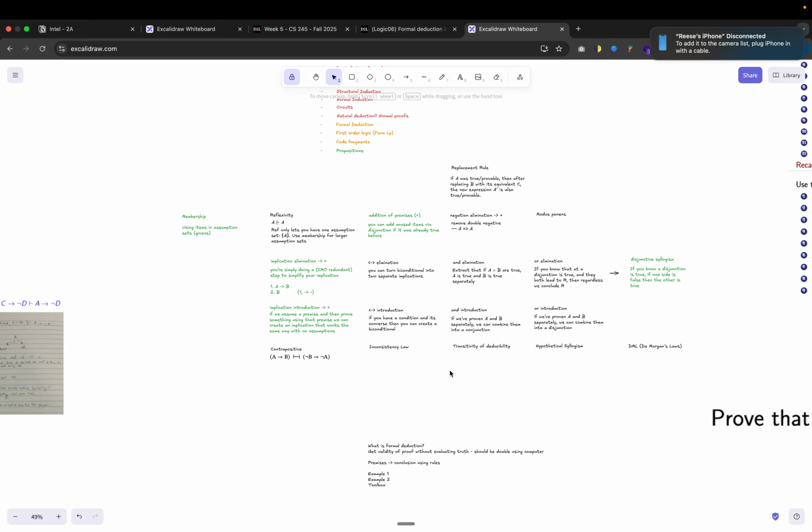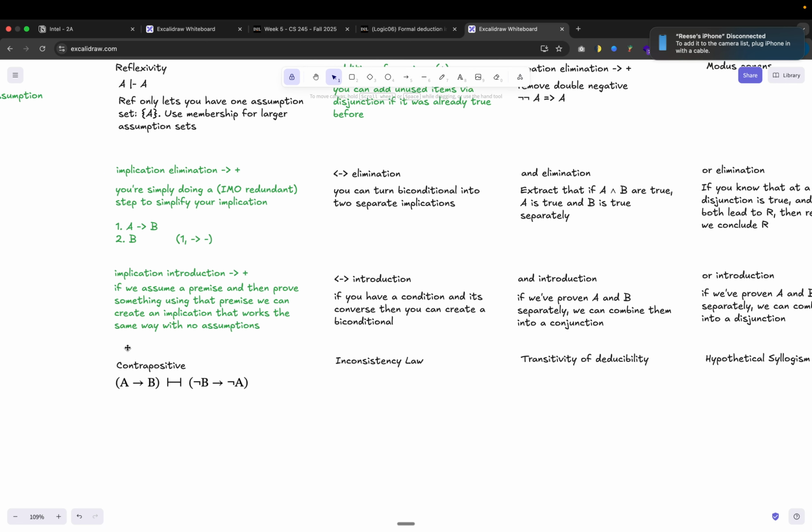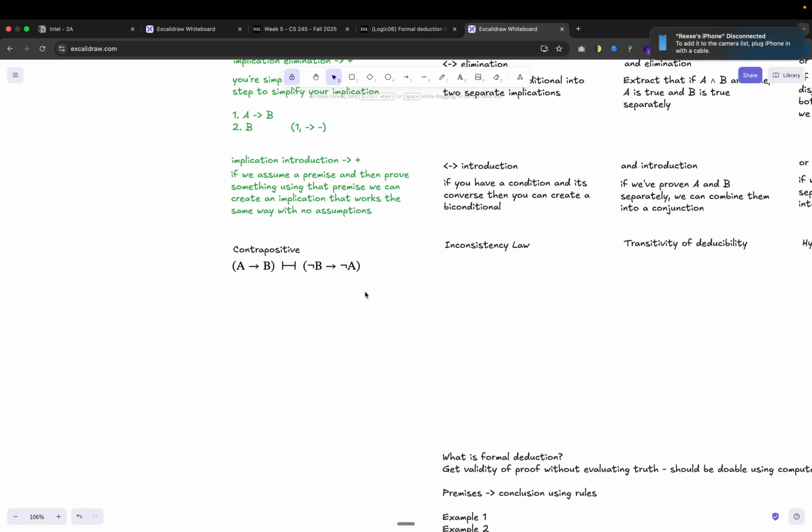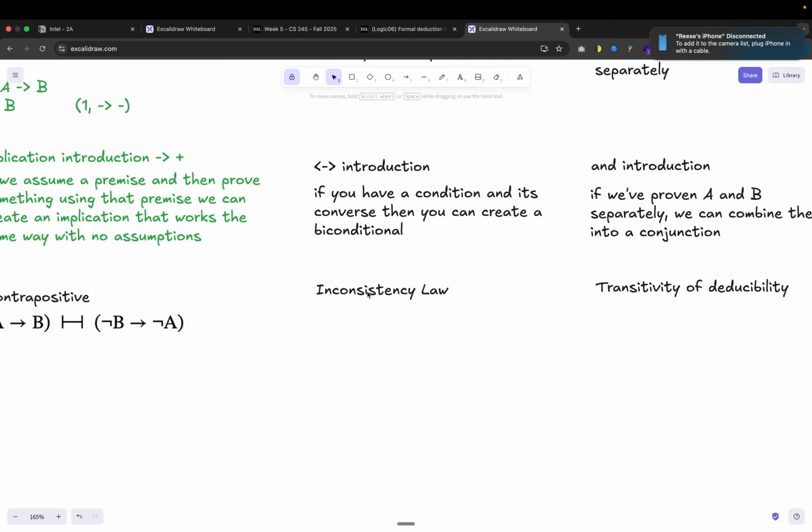And so I think that's most of them. Oh yeah, there's contrapositive, which is also helpful. If you have not B implies A, then what you want to do is get not A implies B, because you negate both sides and you flip it. That was helpful.